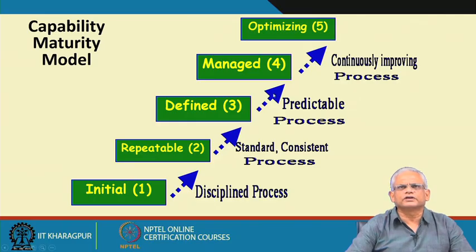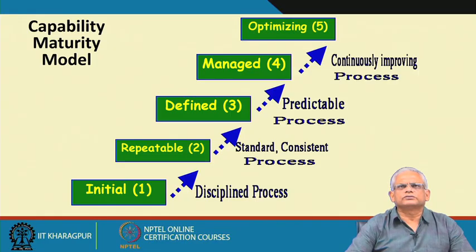Maybe it was not followed rigorously, maybe the people who reviewed were lax, could not review properly and so on. Whereas, in the optimizing level, it was also identified whether the review process itself is not proper, whether the review process needs improvement, and the process may be changed here.